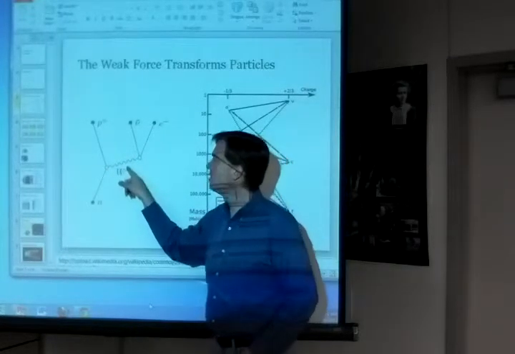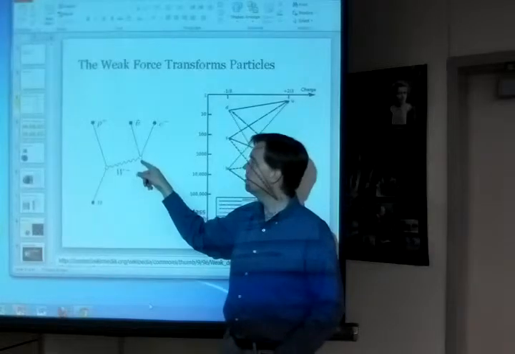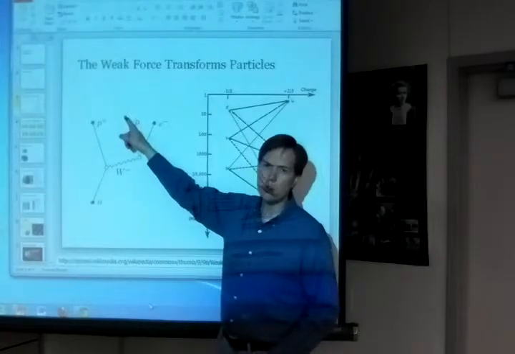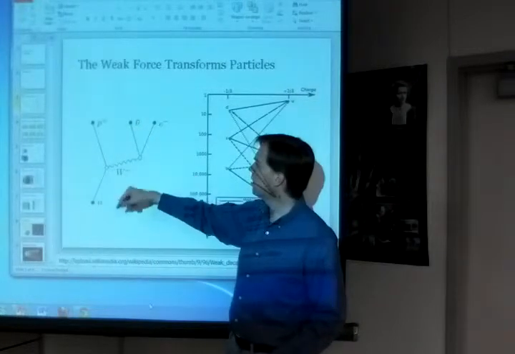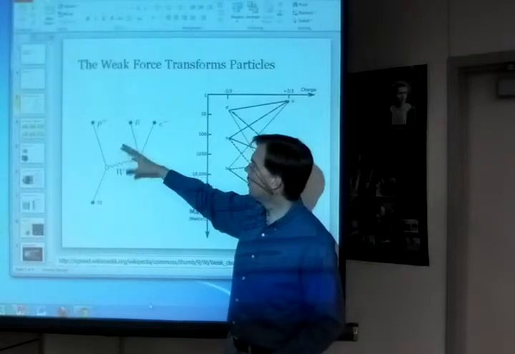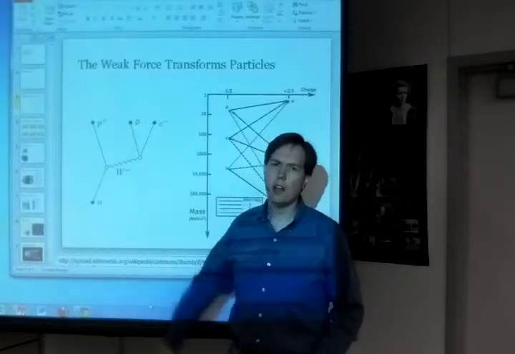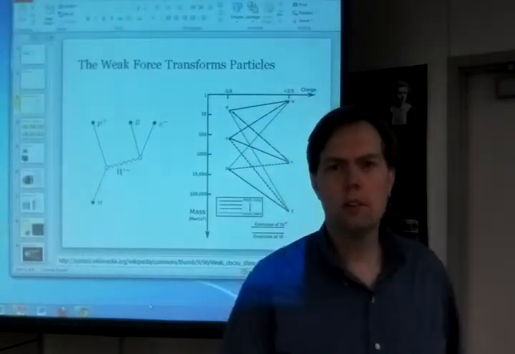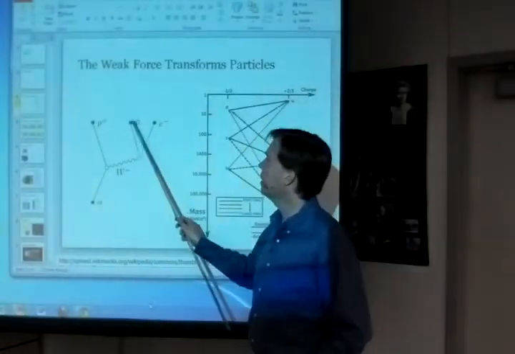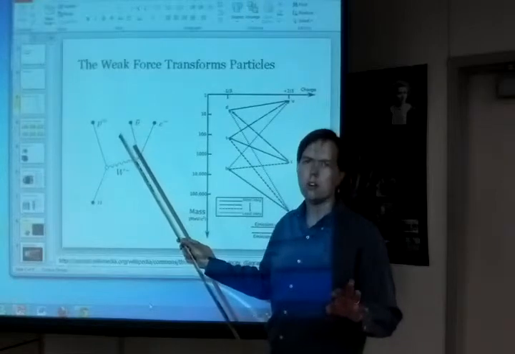That W boson itself decays into the electron we see and the neutrino that was discovered as a consequence. If this were a Feynman diagram, one of these would have to be an antiparticle, so we say that what's produced here is not so much a neutrino, but an antineutrino.